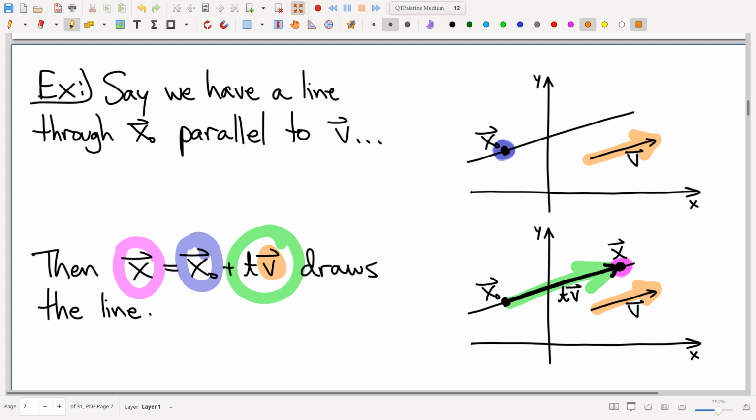Could you explain one more time? Okay, which part? This part. Okay, yeah. So the idea is that this, what I have in green here, is x minus x naught. And so another way to say that is x is x naught plus this green vector. Is that cool?